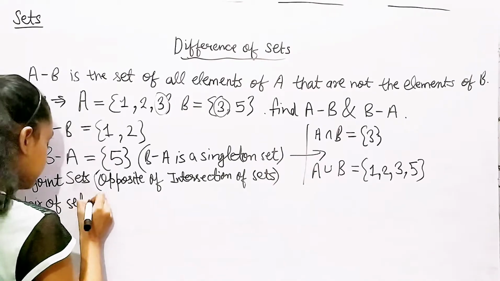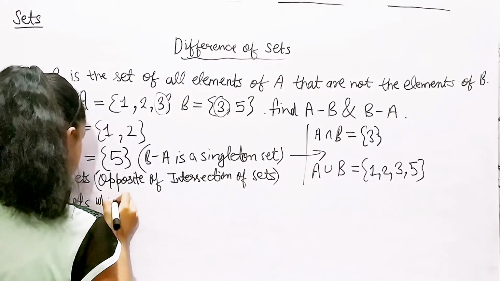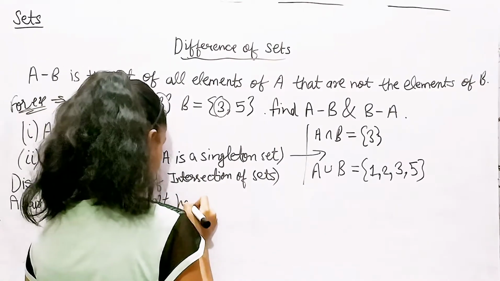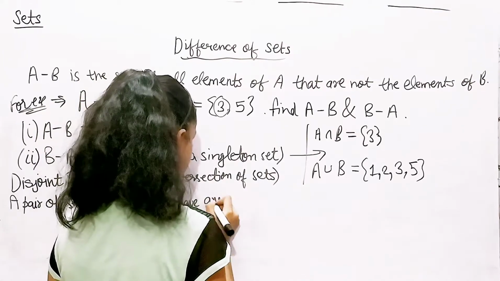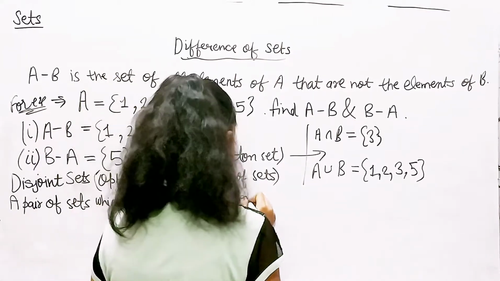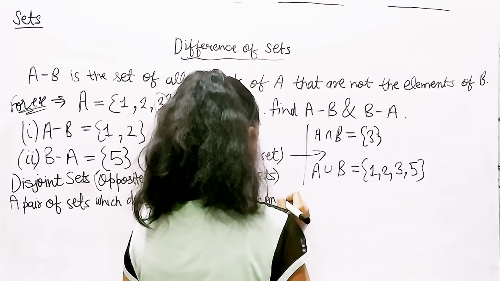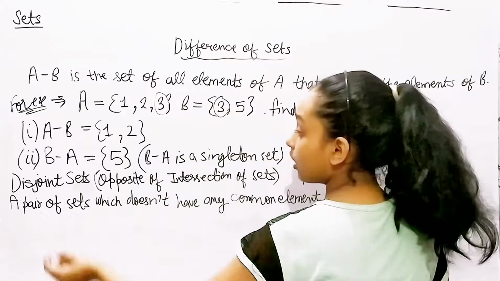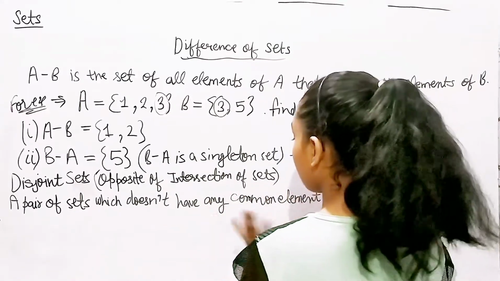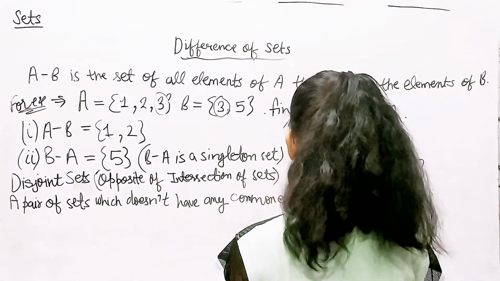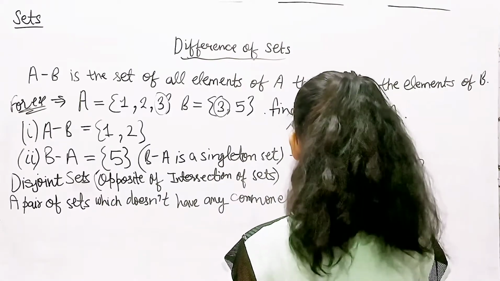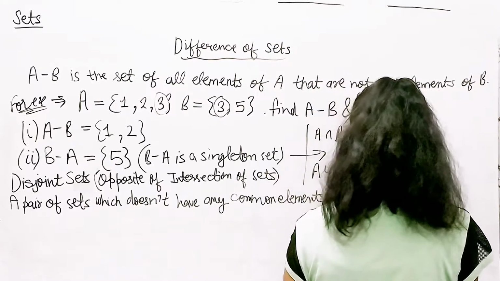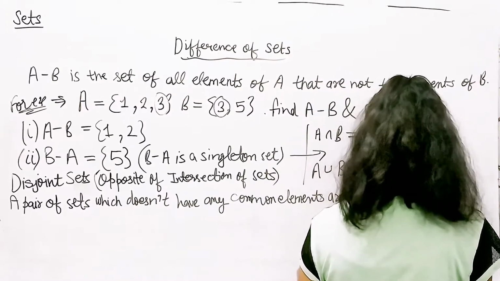A pair of sets which doesn't have any common elements are called disjoint sets.